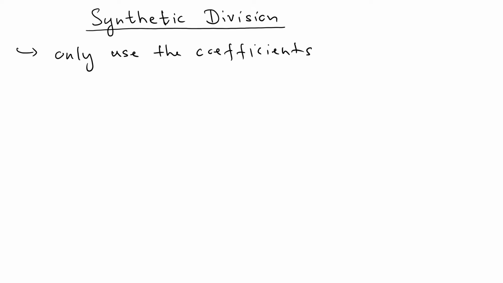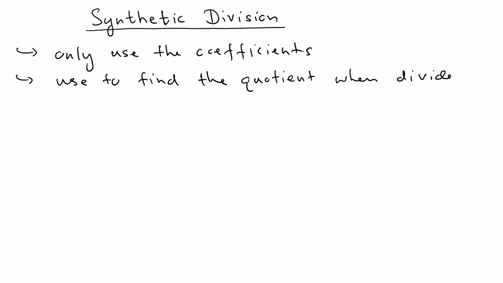So we are not gonna write the variable term, and we use it to find the quotient when divided by a factor of the form x minus a.